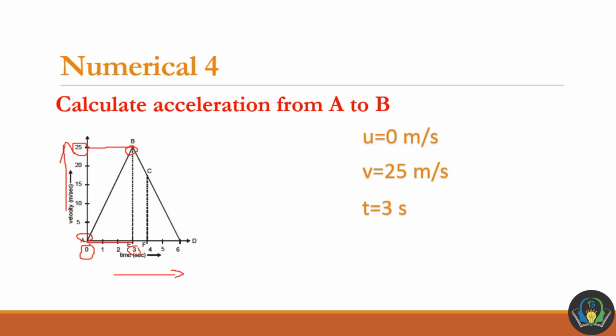I'm just repeating myself. Calculate the acceleration from point A to B. From A to B, your initial velocity is 0 meter per second, your final velocity is 25 meter per second, and time taken, as you can see, is 3 seconds. I hope it's clear. Alright.